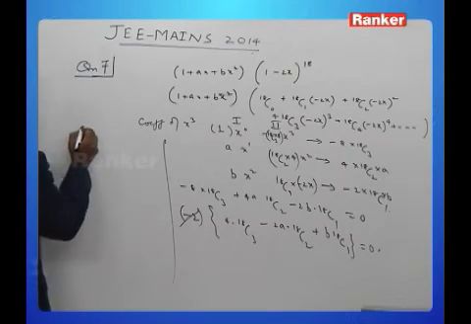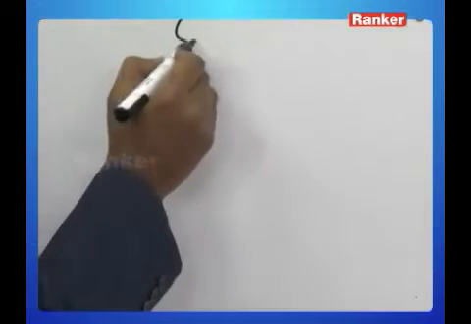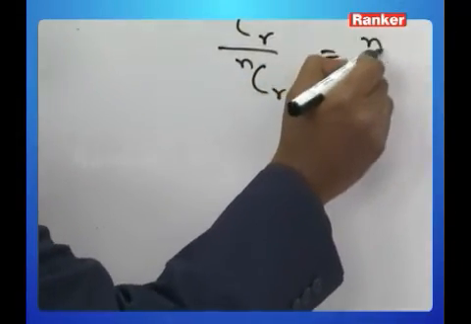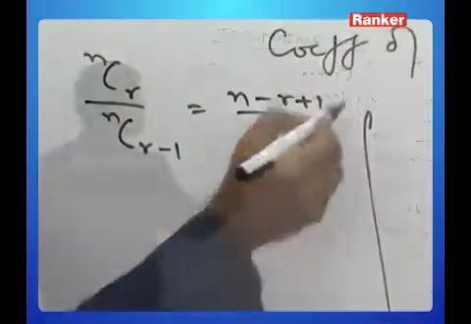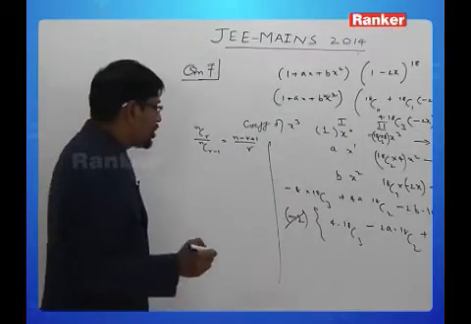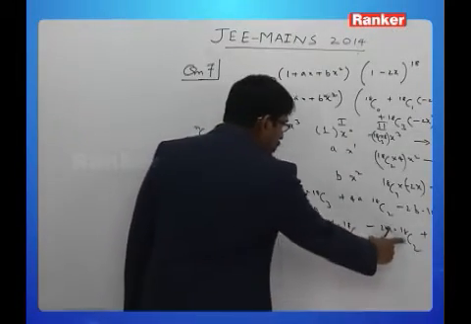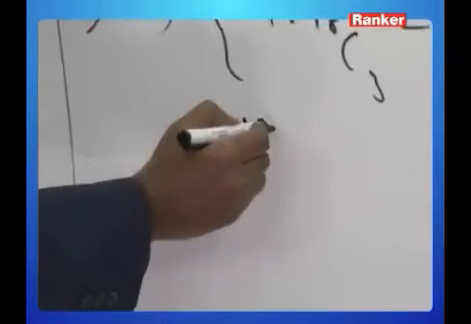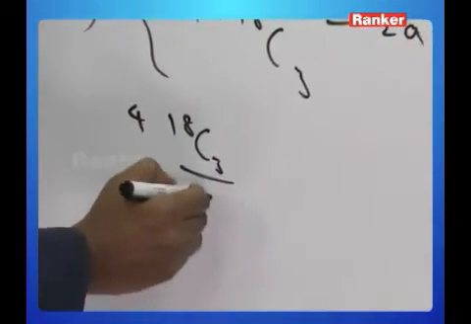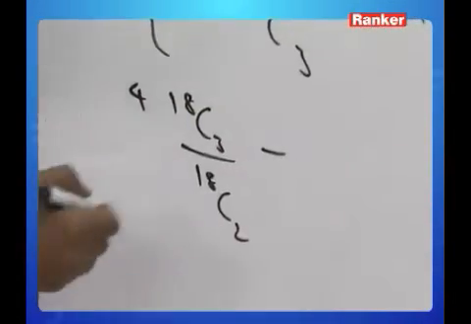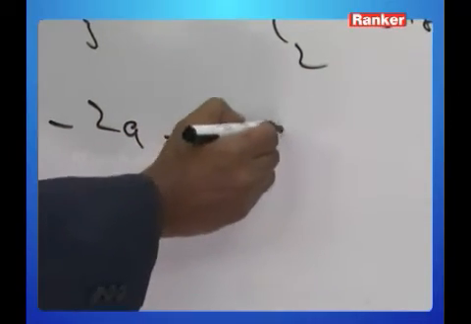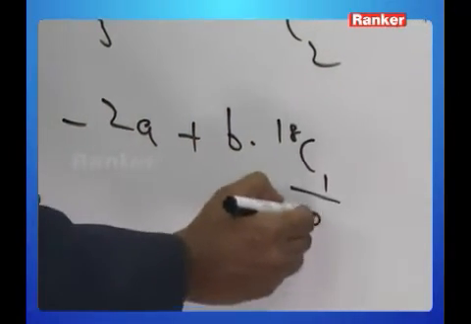We can use this identity, NCR by NCR minus 1 is equal to n minus r plus 1 by r. So we will divide throughout by 18C2. So what we have is 4 into 18C3 by 18C2 minus 2a plus b into 18C1 divided by 18C2.